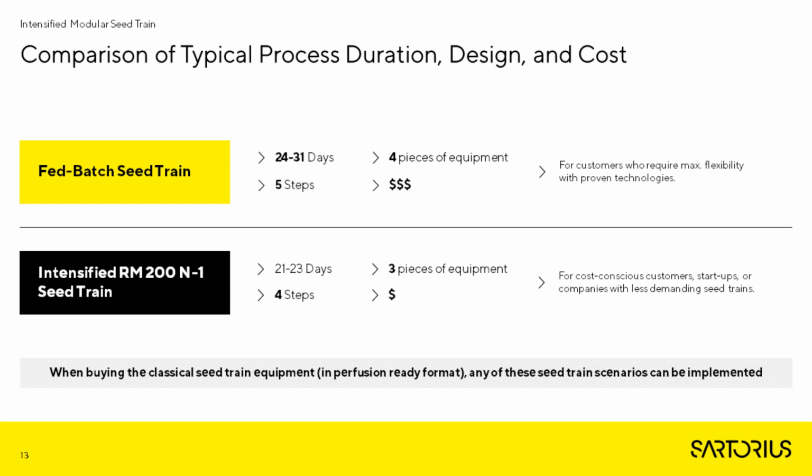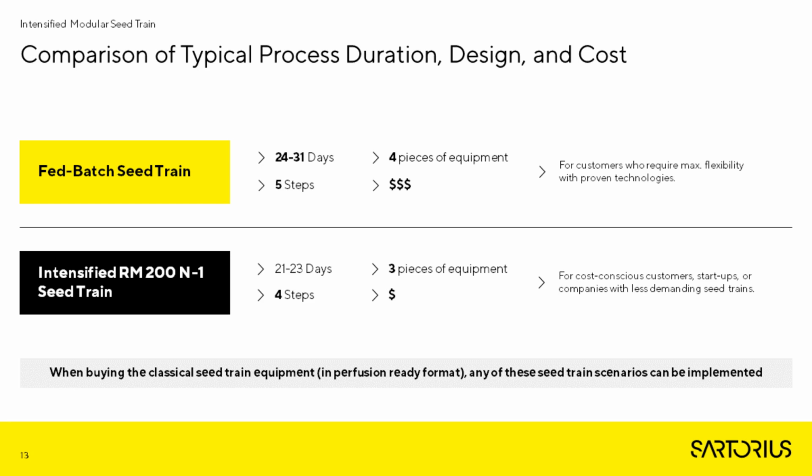So if we were to compare numbers to numbers, apples to apples, you can see here that numbers-wise, the classical fed batch C-Train is relatively longer, has more steps, more equipment, and is more costly, though it is tailored for customers that work with proven technologies and do not want to deviate from the golden standard of the field.